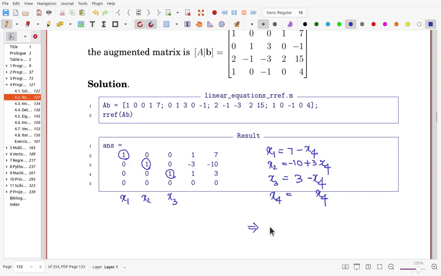Then x is the constant vector 7, minus 10, 3, 0, plus, for x4, the free variable, the direction minus 1, 3, minus 1, and 1. So this makes all the solutions, so it is the general solution.